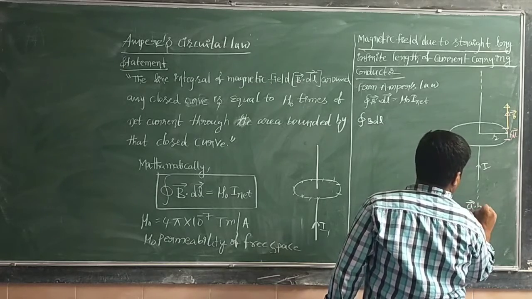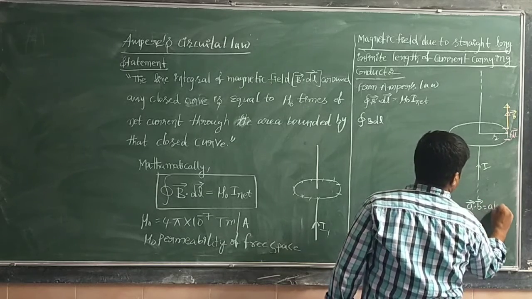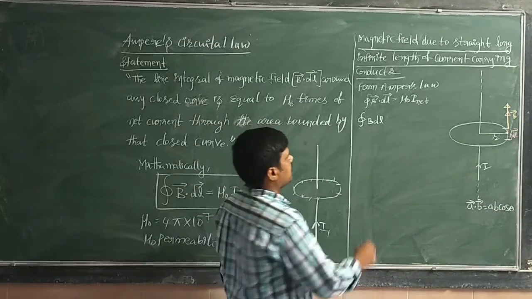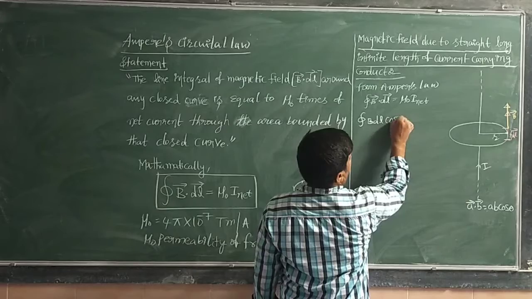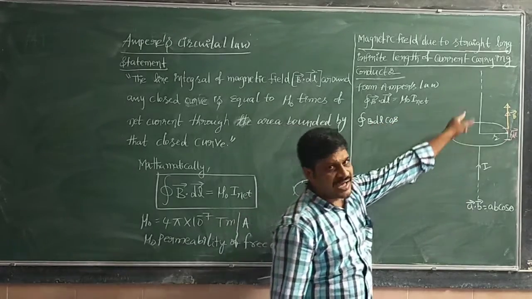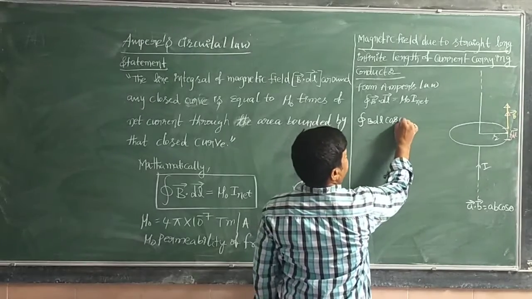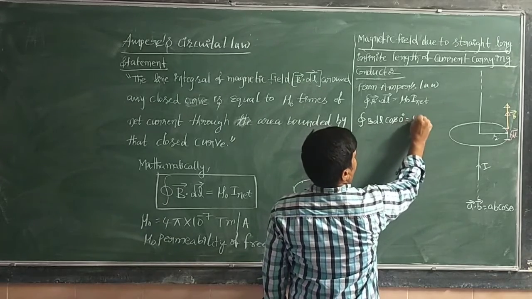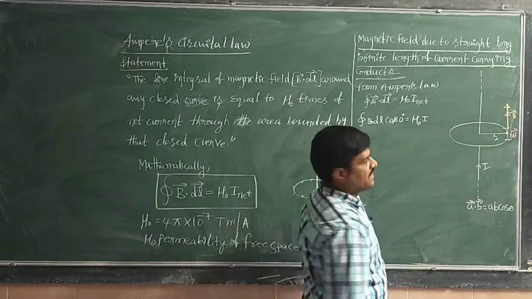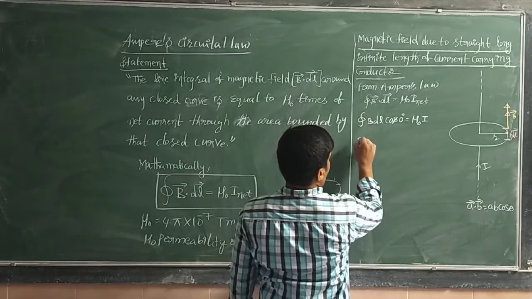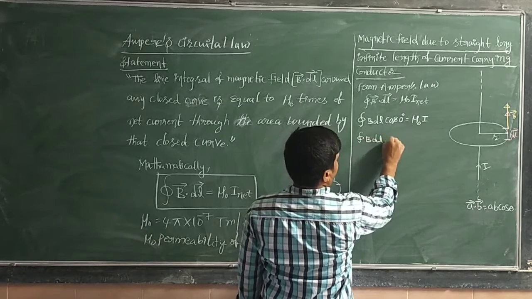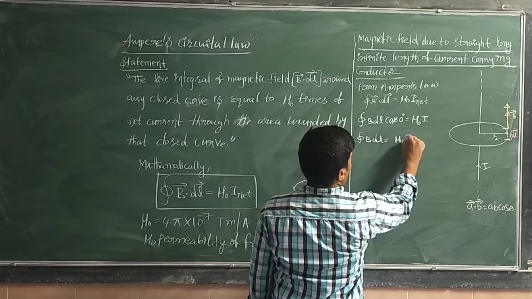A bar dot B bar equals AB cos theta, where theta means the angle between the two vectors. Both are in the same direction, so that is 0 degree, equal to mu naught into I net. I net means the net current, I itself. Right. Now from this, line integral of B dl is equal to mu naught into I.